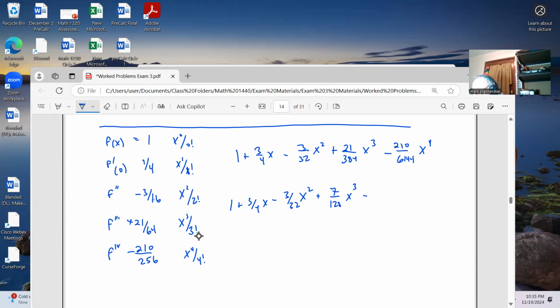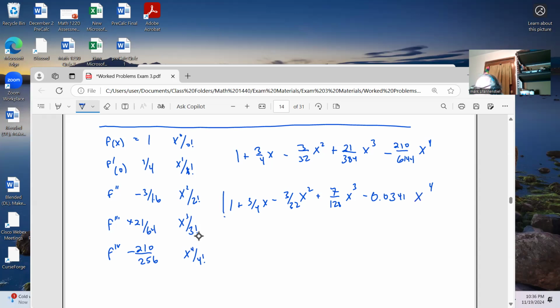And let's see if I can't come up with a fraction here rather than this horrible thing. Let's see. There we go. It did not give me a fraction. Shoot. Okay. So we'll approximate this as 0.034 x to the 4th power.